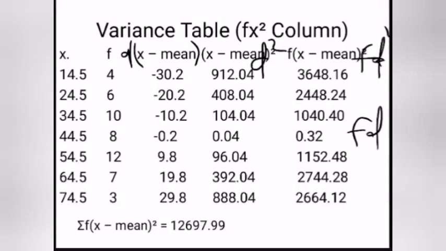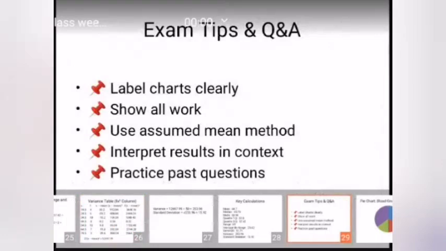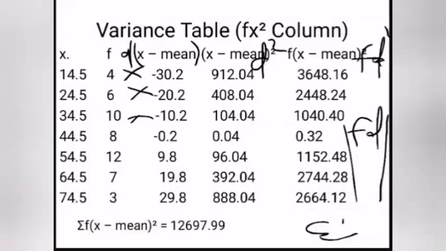And then you just do the math of multiplying 4 times this times this, and that's how you have this column of fd. So when you are done, you add up everything you've gotten. That's your summation fd. After multiplying out and adding everything, you have summation fd.